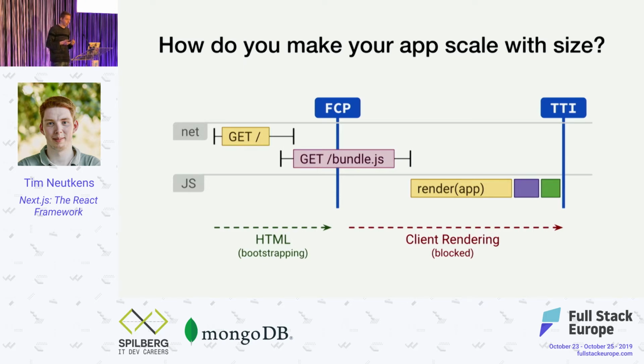And every time you add in another page or another component, the bundle grows. As you can see in this graph, this impacts the initial rendering, because client-side rendering in React means that every time to render something, you have to load the JavaScript bundle first.